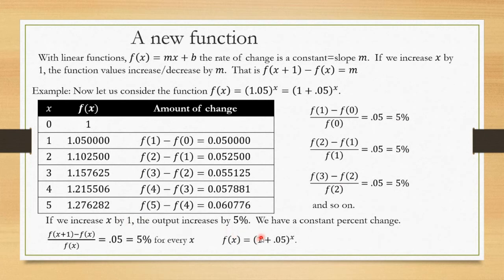So we don't have a constant rate of change. What we have is what's called a constant percent change. Namely, the percent change is 5%, which as a decimal is 0.05. Look what I'm doing also. I wrote it this way.